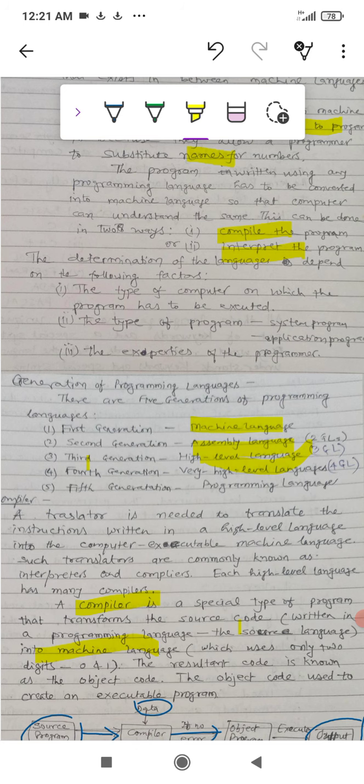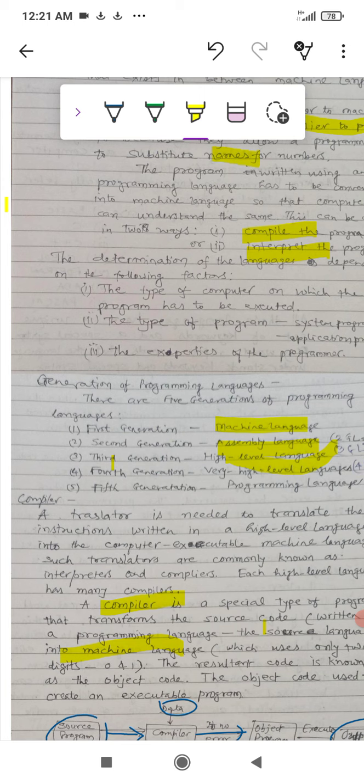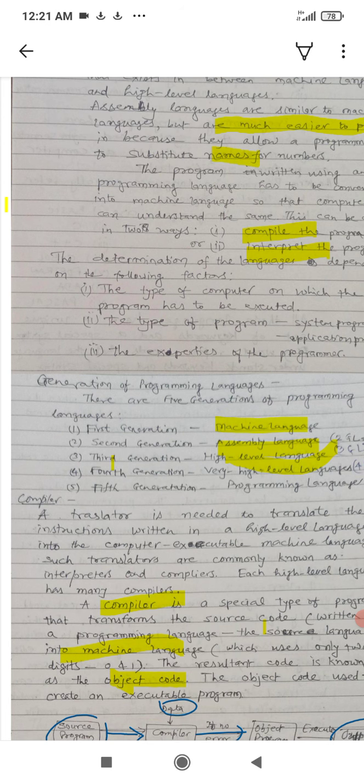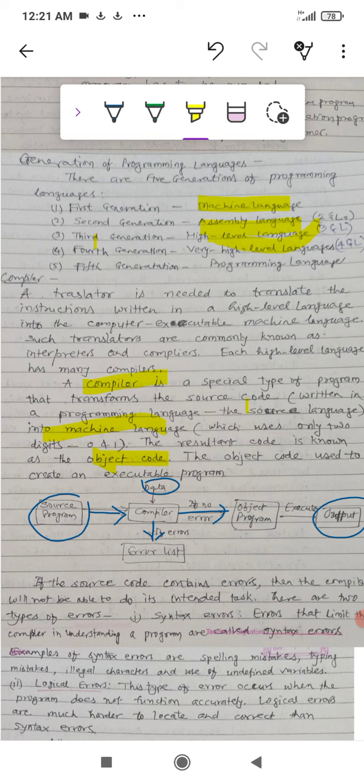So compiler translates source code into machine language. The resultant code is known as the object code. You can see this schematic diagram.